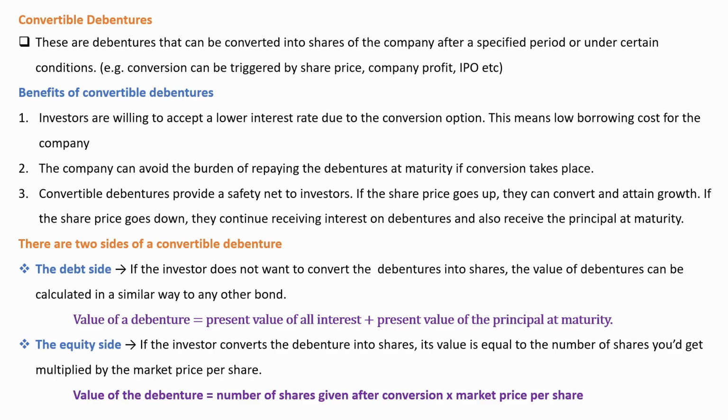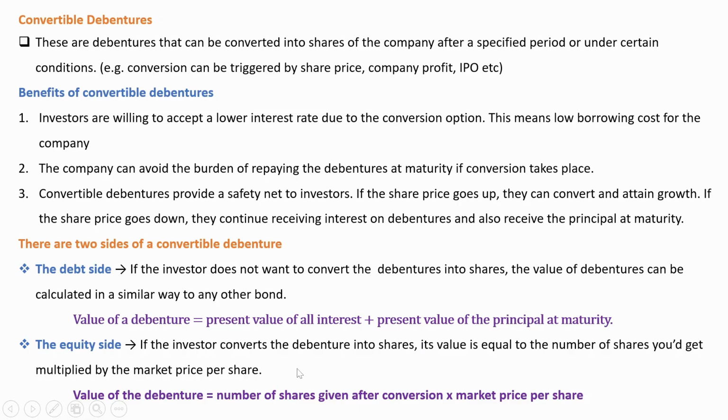So we also have the other side of convertible debentures, that is the equity side. If the investor converts the debenture into shares, its value is equal to the number of shares you would get multiplied by the market price per share.